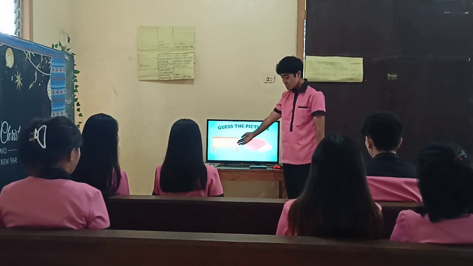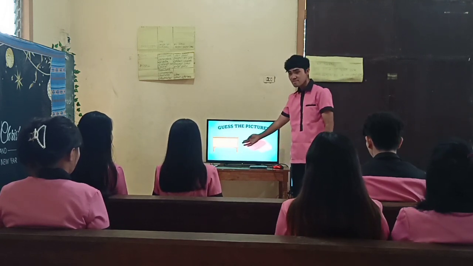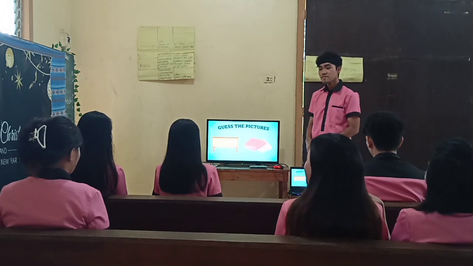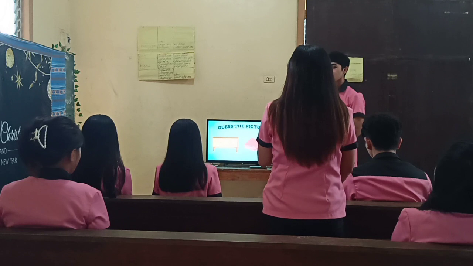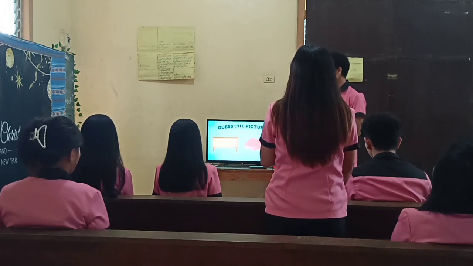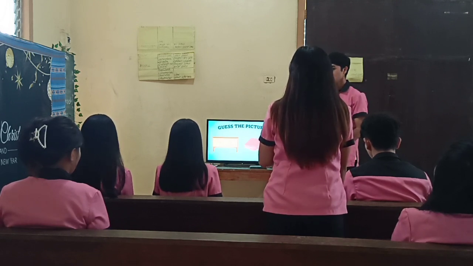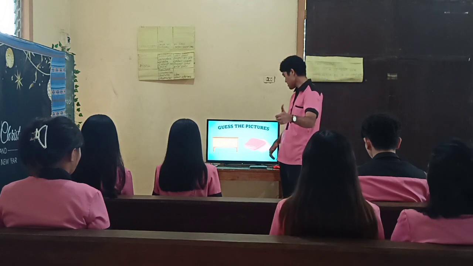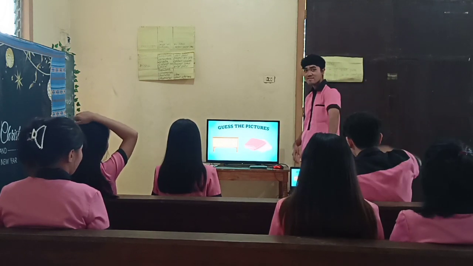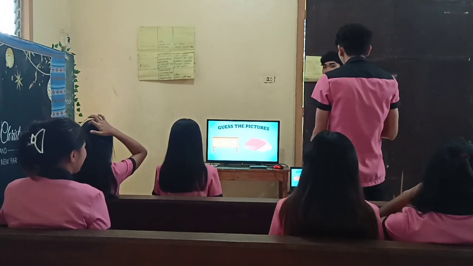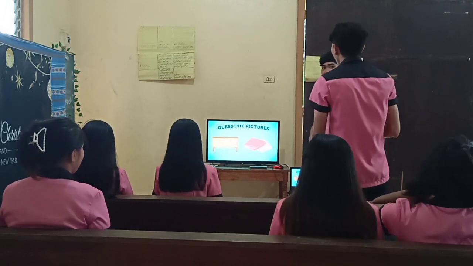What do you think this is? It's furniture. Yes, Marcia. I think, sir, it is a set of furniture and it's made of wood. Okay, that's good. How about the second picture? Sir, it is a fabric, and it's made of cotton and silk.